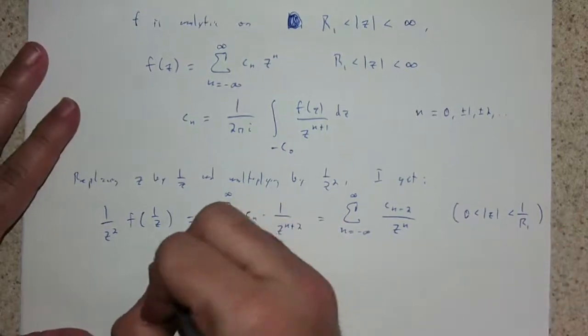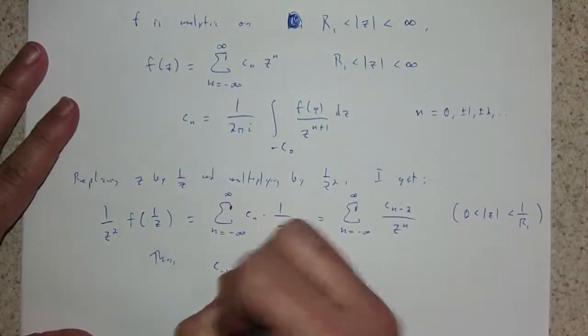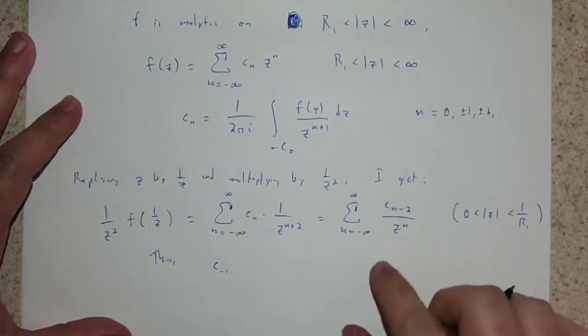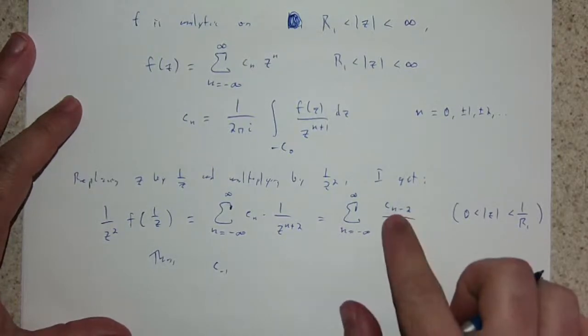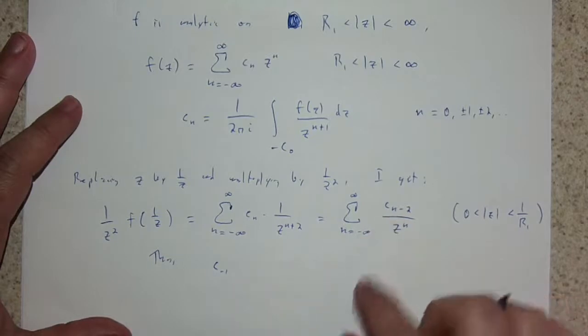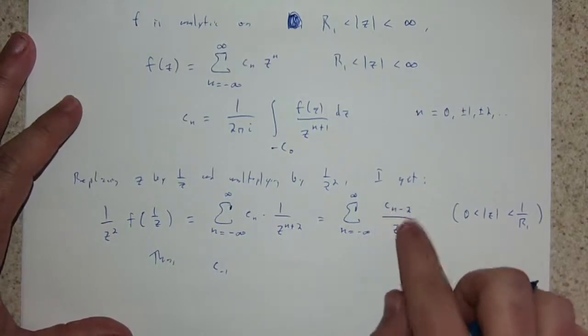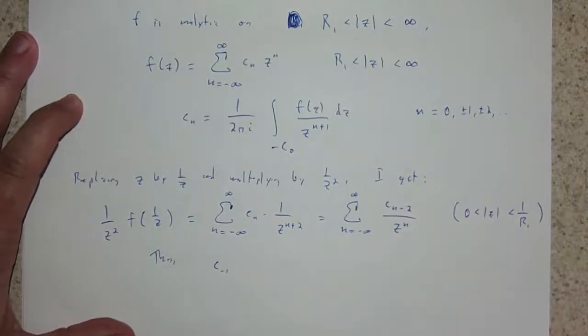All right, and thus c sub minus 1 is the actual power we're looking for here, because this is when n is equal to 1. So when n is equal to 1, I get c sub minus 1 here, and I get 1 over z, which is exactly the term that I want.